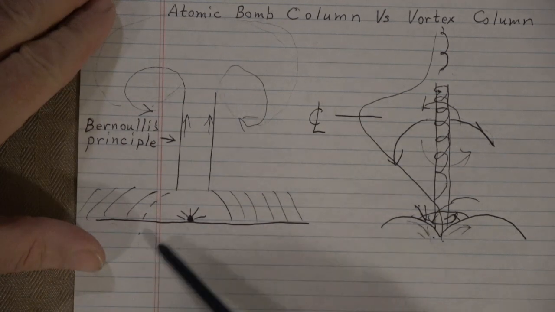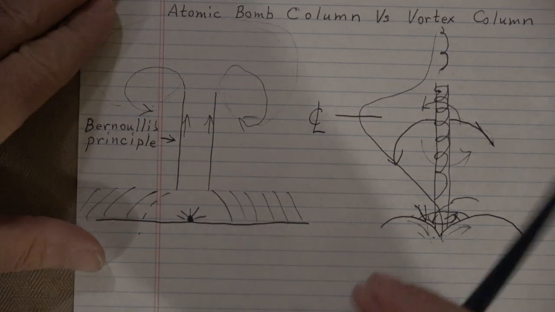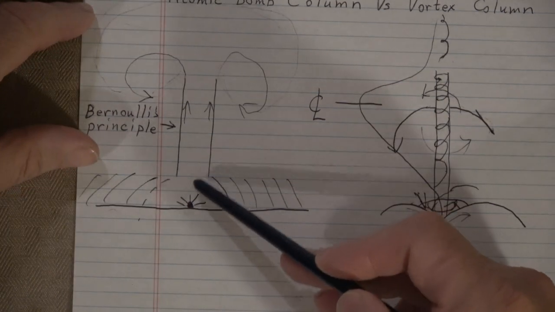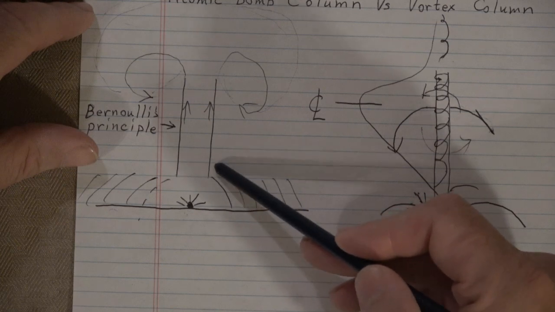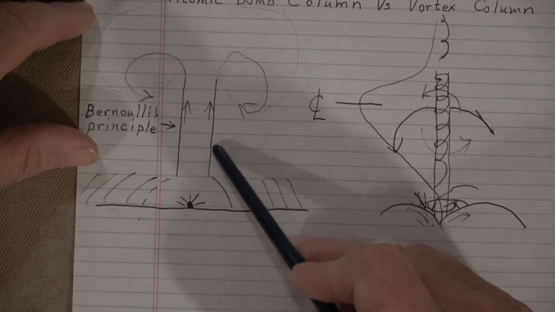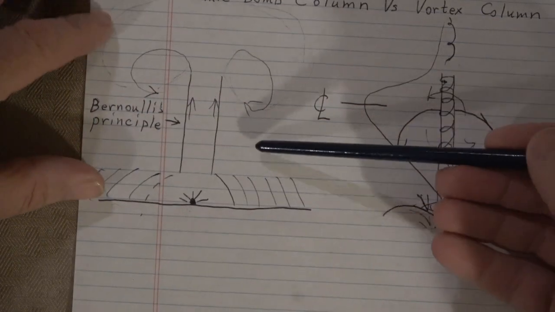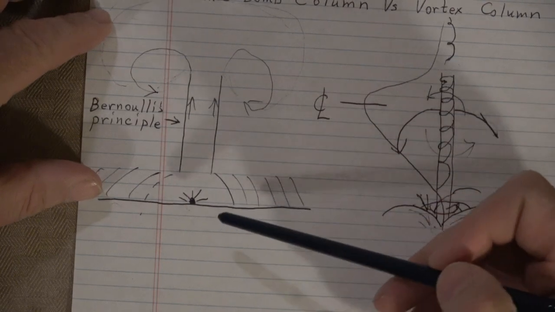And on the atomic bomb principle, we have the atomic bomb go up. As soon as the air gets enough speed, it hits the side, and then we have, at one pinch point, the air will separate, and you have the Bernoulli effect where you have pressure coming into it equal to the speed going up.